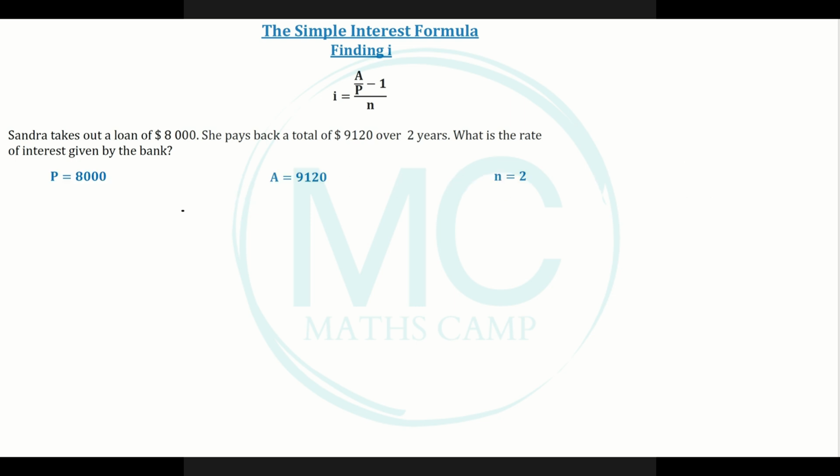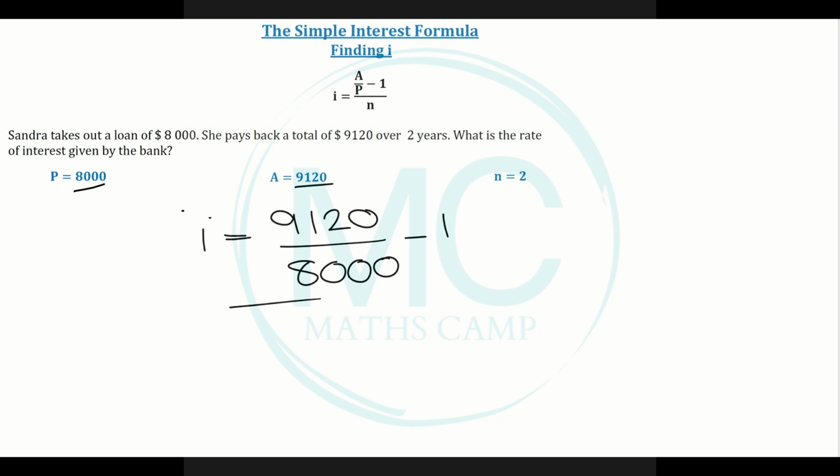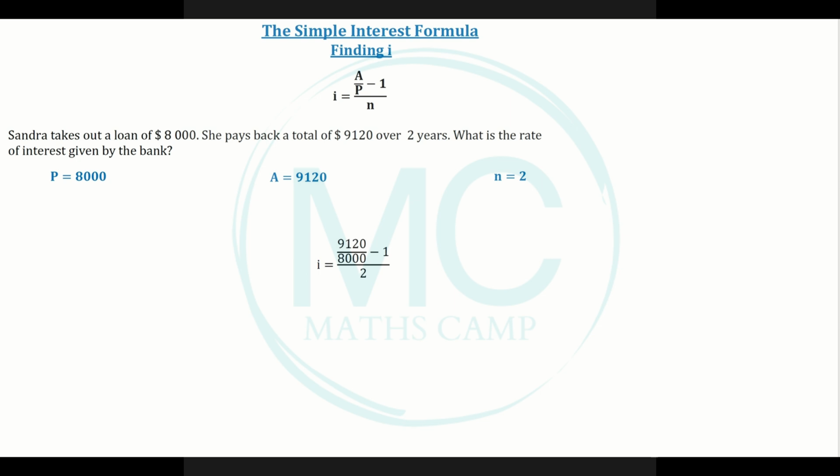Now to solve for I, let's put these values into the formula. So we can say I is equal to the value of A, 9,120, over the value of P, 8,000, minus 1, all over the value of N, which is 2. 9,120 divided by 8,000 gives us 1.14.